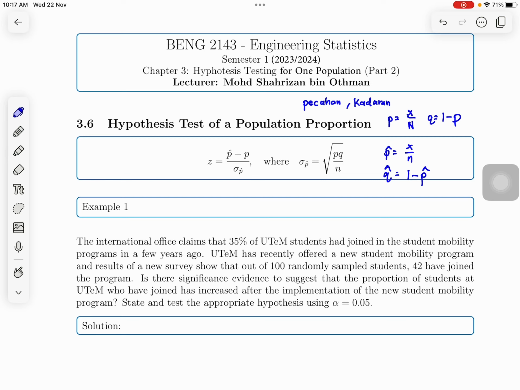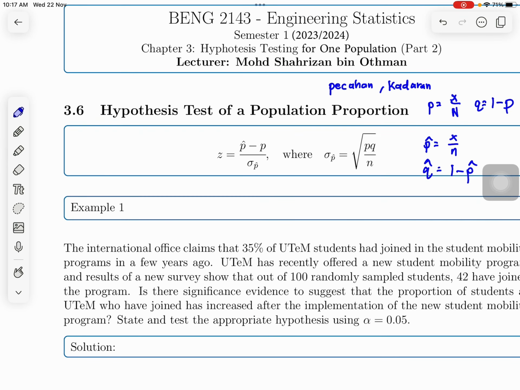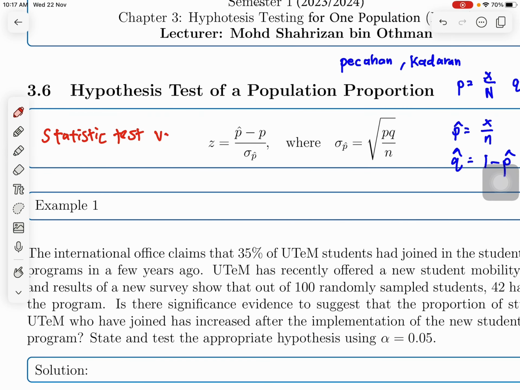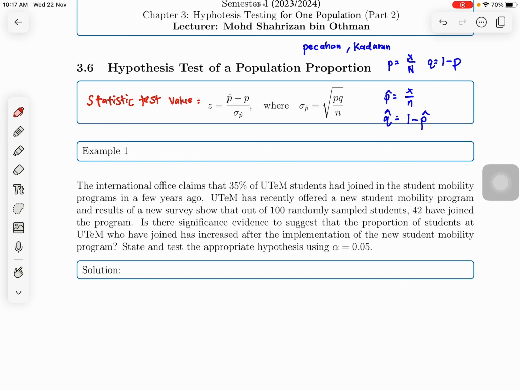And in the first box, this is for step 3, what we call the test statistic. The test statistic value is Z equal to P hat minus P over sigma P hat, where sigma P hat is equal to the square root of PQ over N. Alright, so let's take a look at our first example.